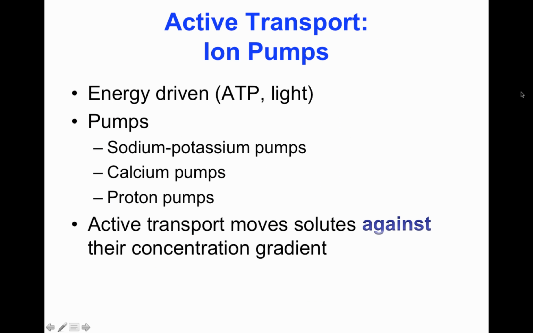Now, let's take a look at some forms of active transport, in this case, ion pumps. Ion pumps help move ions against their concentration gradient, and therefore they require energy. That energy could be provided by ATP or by light. They're always pumps, so you can have a sodium-potassium pump, a molecule that is able to pump sodium and potassium against their concentration gradients.